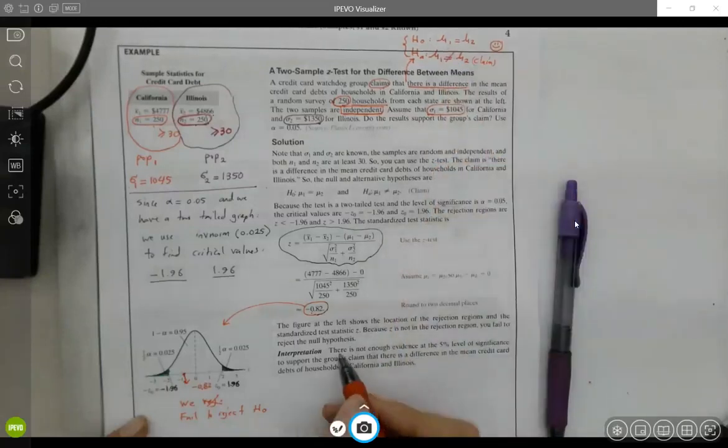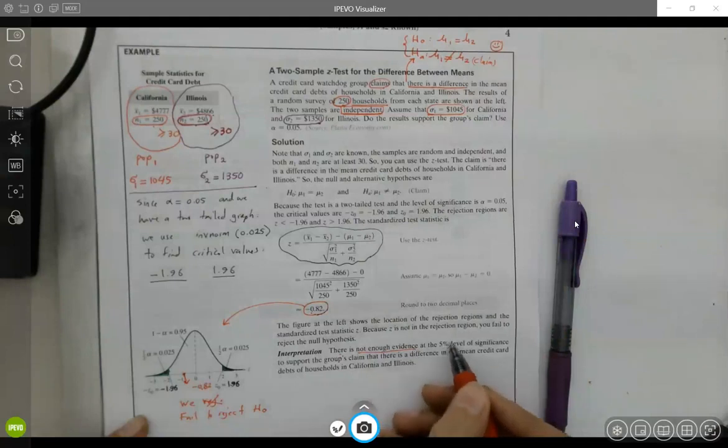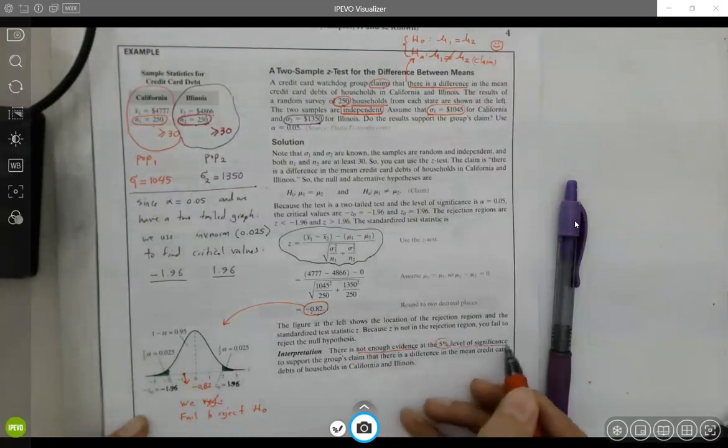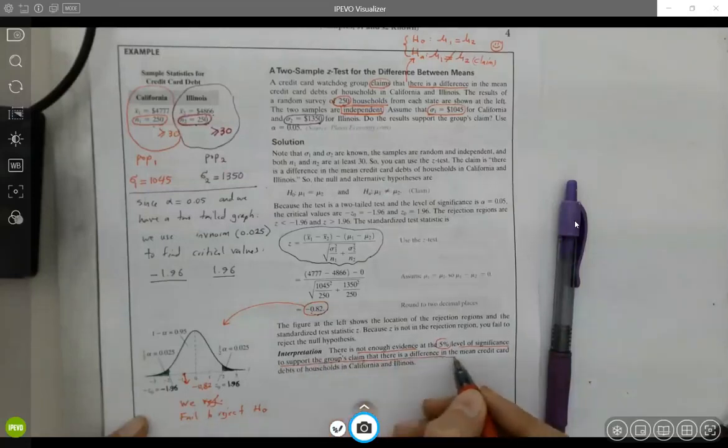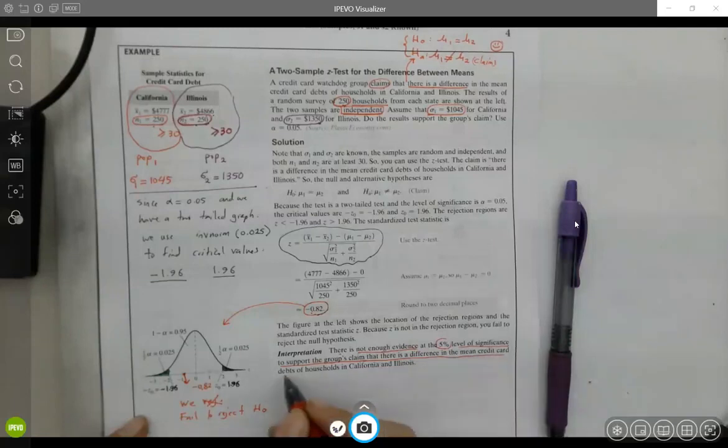So there is not enough evidence at 5% level of significance to support the group's claim that there is a difference in the mean credit card debts of households in California and Illinois.